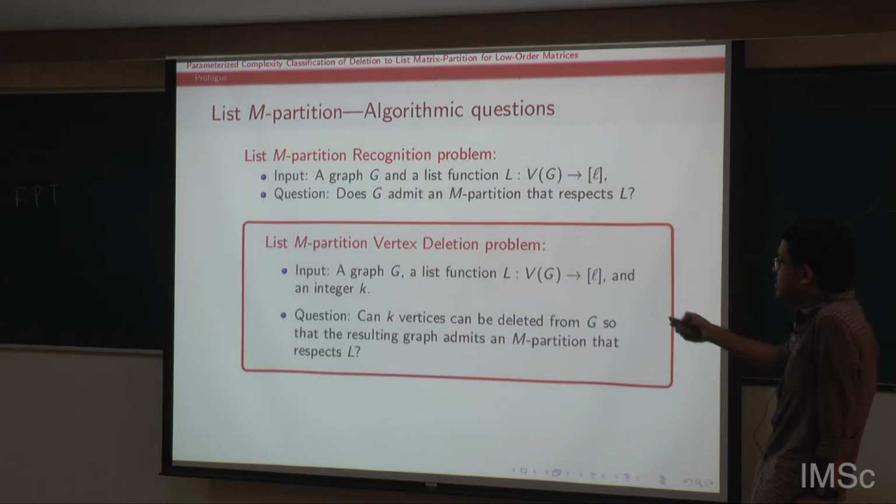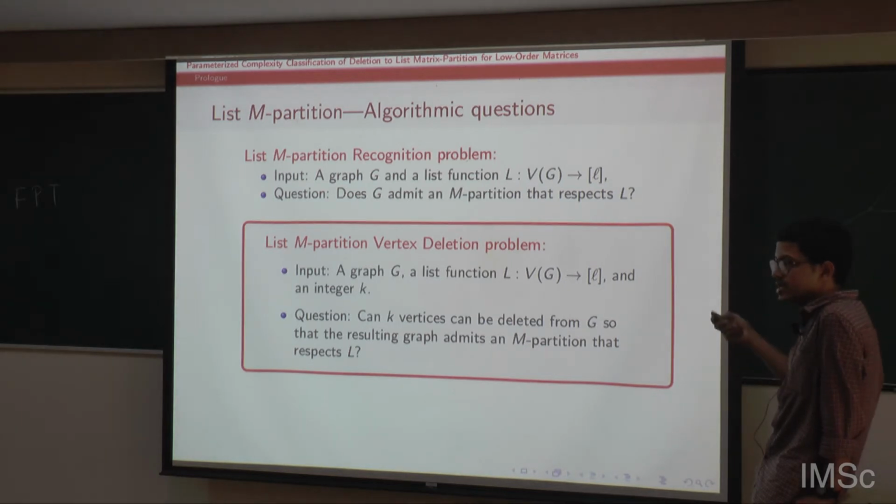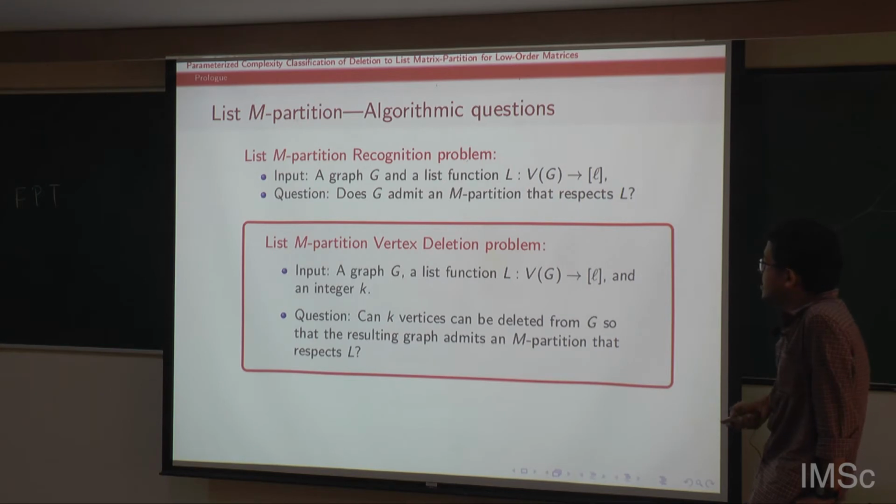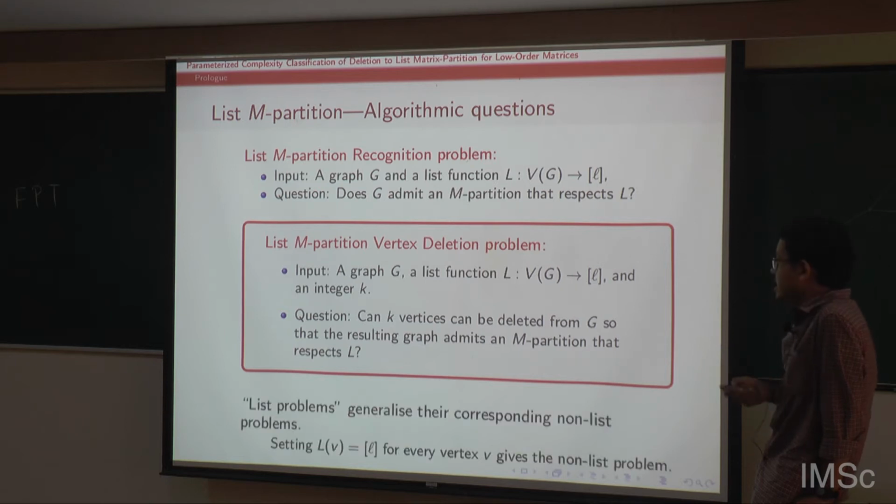The other is the vertex deletion problem, where we have a graph, list function and an integer k, and the question is, can you delete k vertices so that the remaining graph has a partition of the required type? So this is going to be our problem, the deletion problem. And again, list problems generalize the corresponding non-list problems.